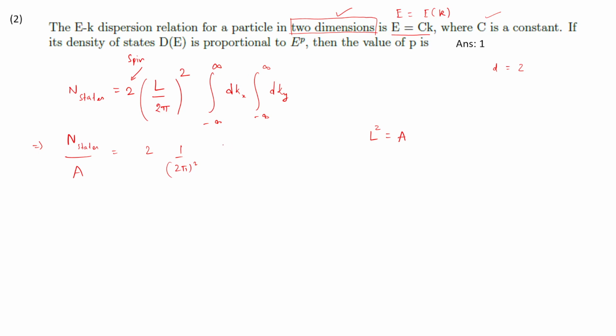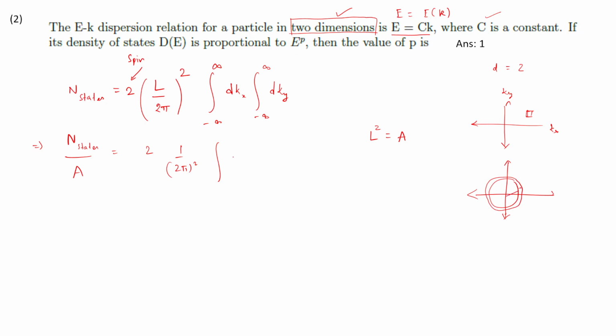Now you see, this is in a Cartesian coordinate. We can convert it into a cylindrical coordinate. What this means is, it is taking dkx dky and integrating over the entire space. Instead of that, we can think of it as a very small circular strip at a distance k of thickness dk.